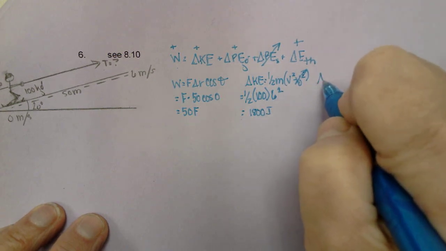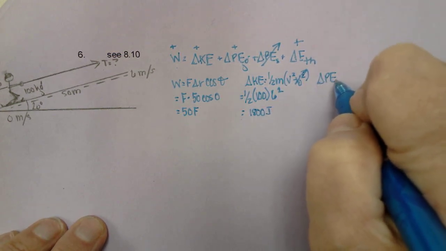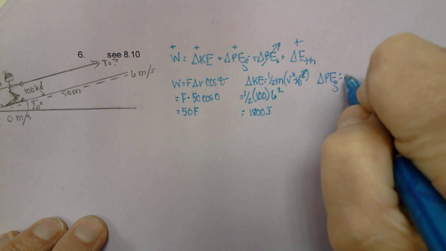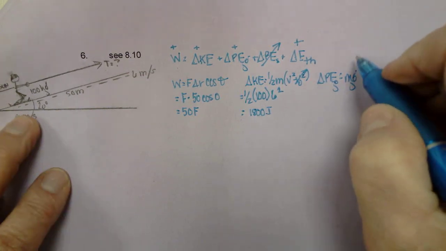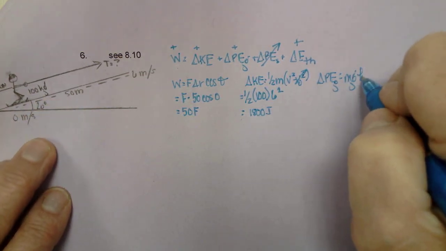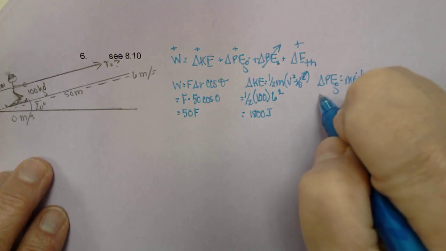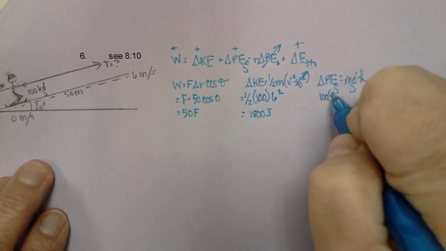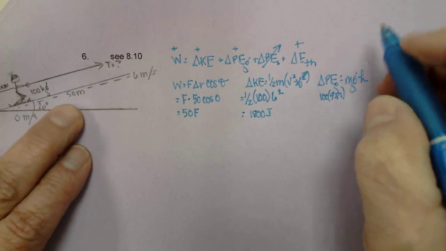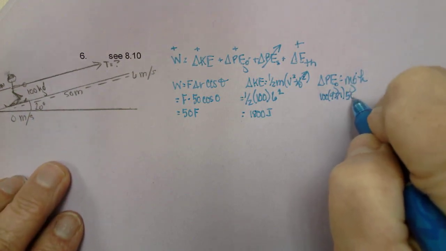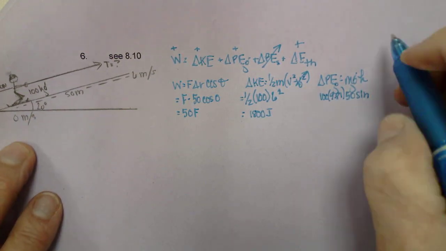Delta PEG is going to equal mg, and my h I'm going to have to calculate. So the mass is 100 times 9.81 times my slant, which is 50, sine of 20.